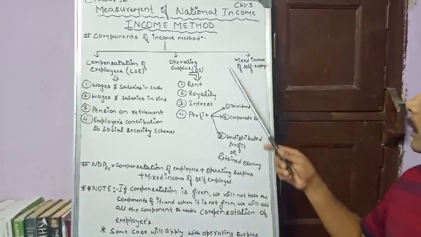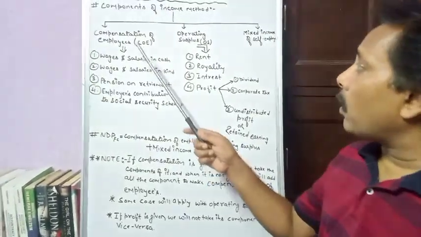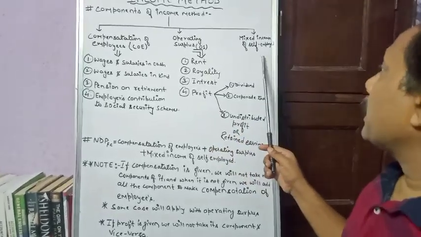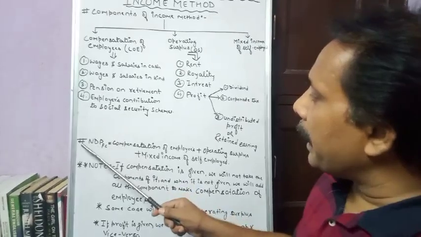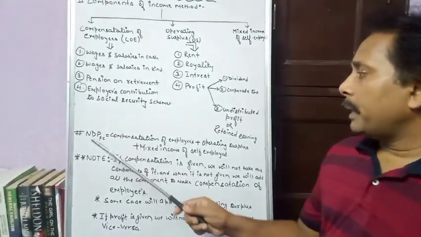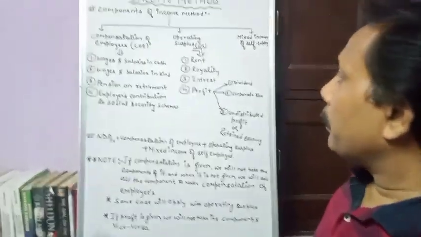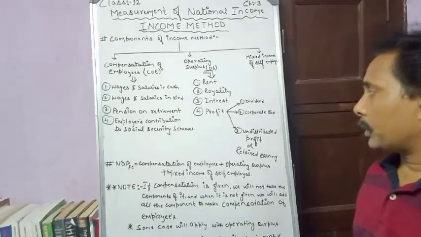That is a part of mixed income of self-employed. When we add compensation of employees plus operating surplus plus mixed income of self-employed, that is known as NDPFC, net domestic product at factor cost, because all these are based on factor cost.